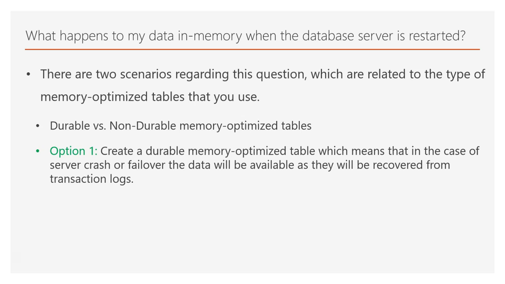Even though this may add an overhead to the overall processing, there are many workloads where this type of table, durable memory-optimized tables, is still much faster than traditional disk-based tables.